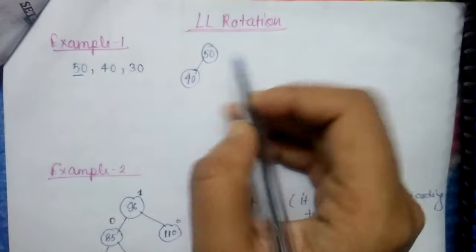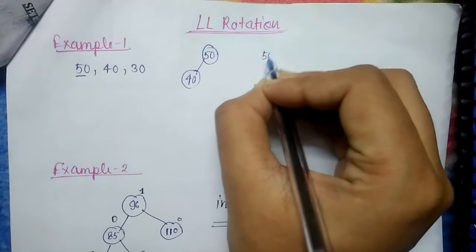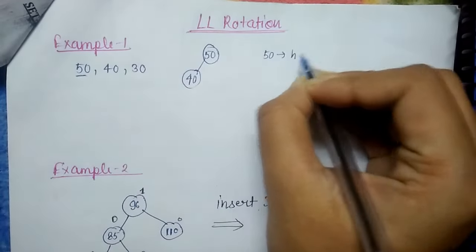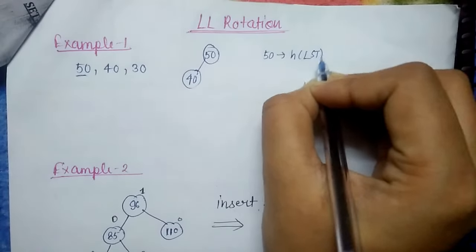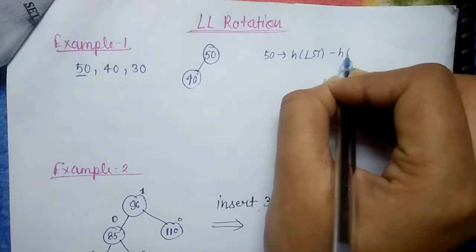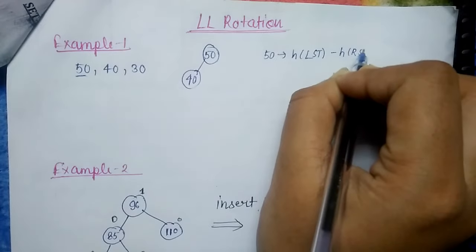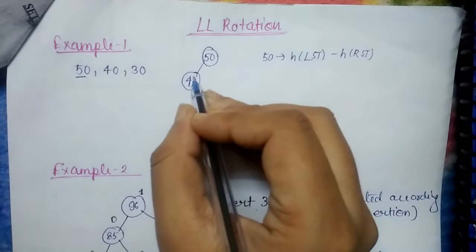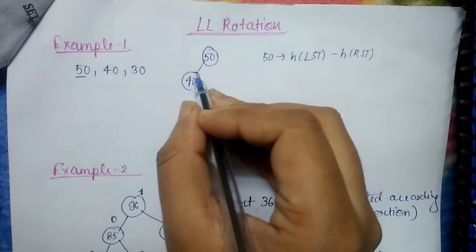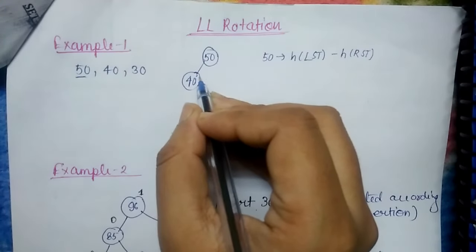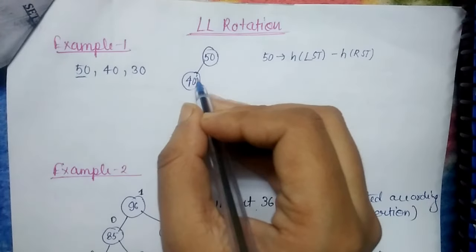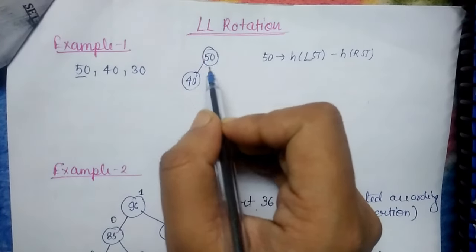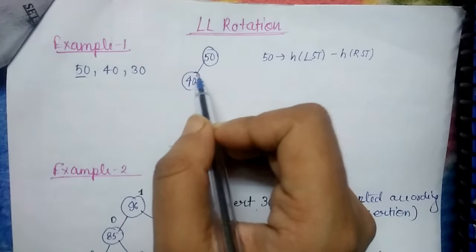So what is the balance factor for 50? Balance factor for 50 is the height of the left subtree minus the height of the right subtree. So what is the height of the left subtree? In the left side we can go up to 40 only because there is only one node, that means we have to traverse only one edge.